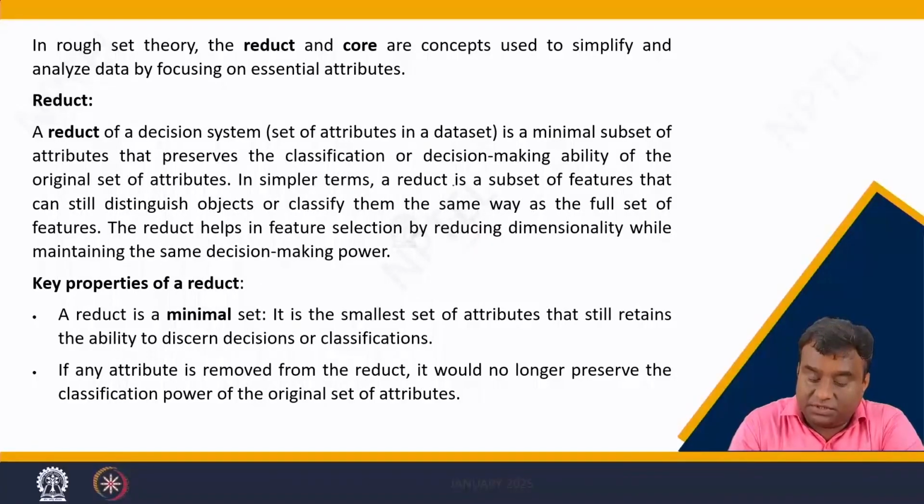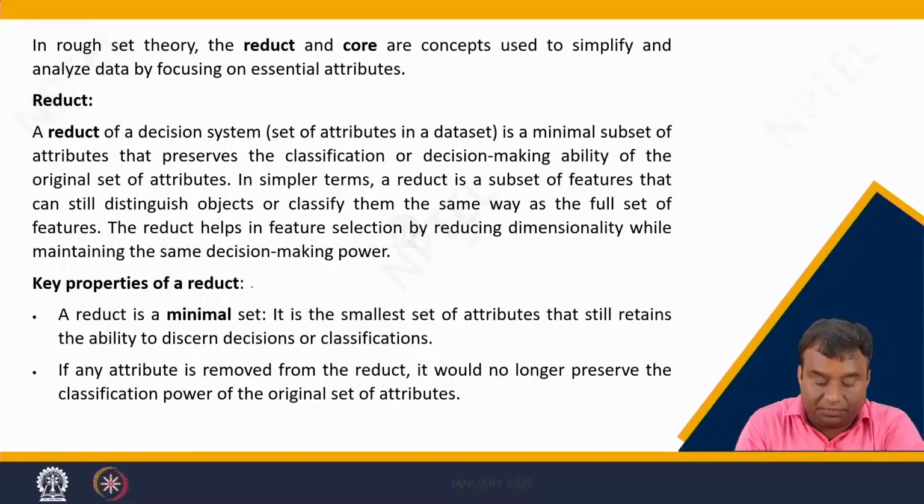In simpler terms, the reduct is a subset of features that can still distinguish objects or classify them the same way as the full set of features. The reduct helps in feature selection by reducing dimensionality while maintaining the same decision making power.